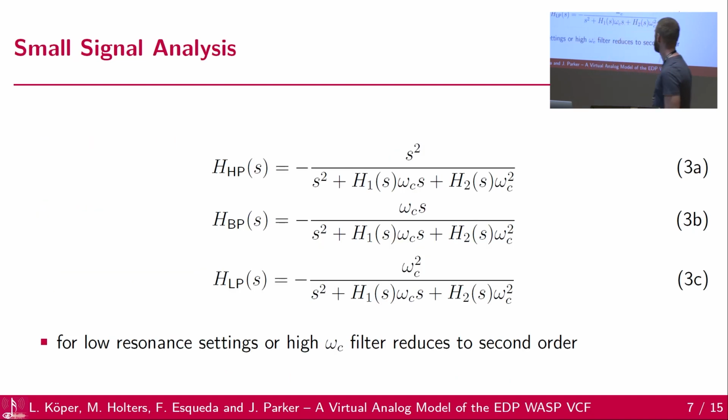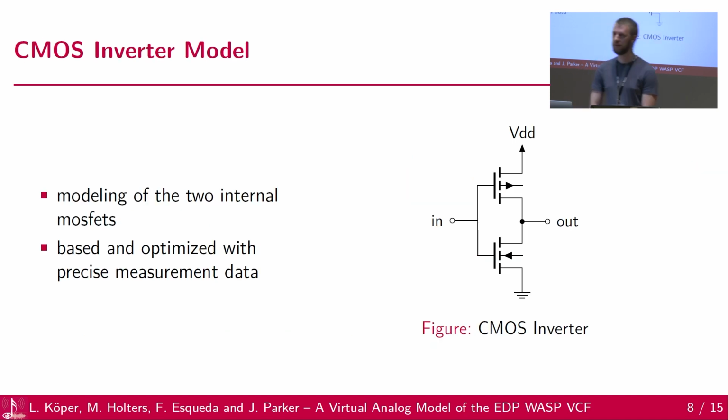And what we could find is that for a low resonance setting and a high cutoff frequency, we can basically use this linear approximation to a certain extent. So that means for these settings, we can set this transfer function as a constant and just have a normal linear state variable filter.